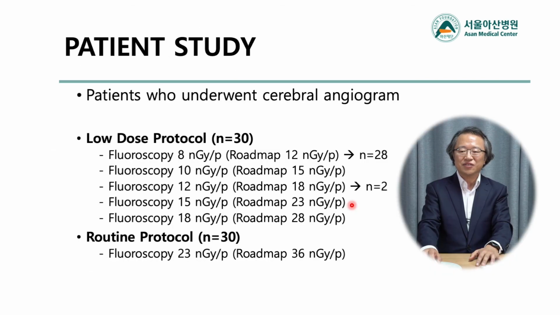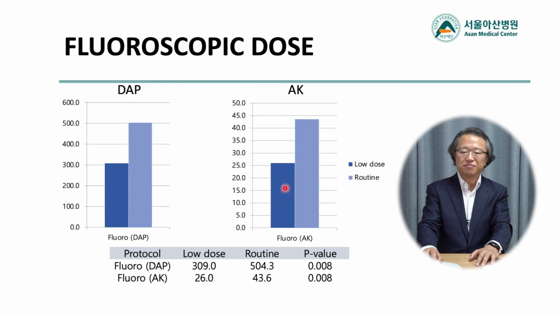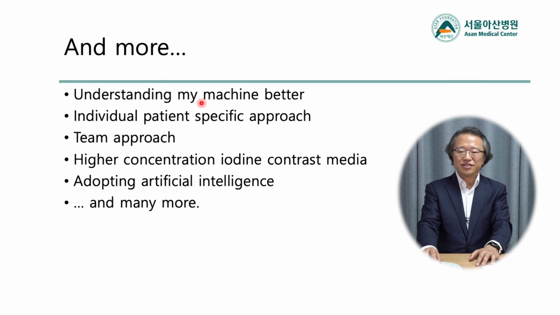We conducted a 2-week clinical feasibility study. We analyzed total fluoro dose and the procedure outcome. We could cut the dose about half without any procedural limitation or problem. And of course, there are many more points to consider.